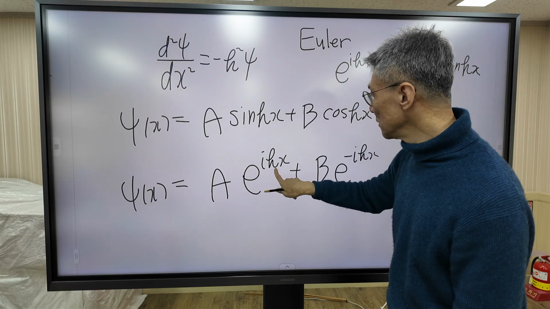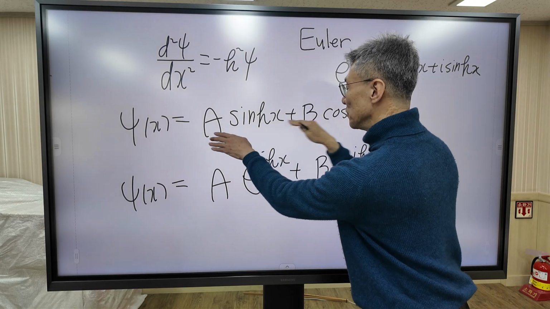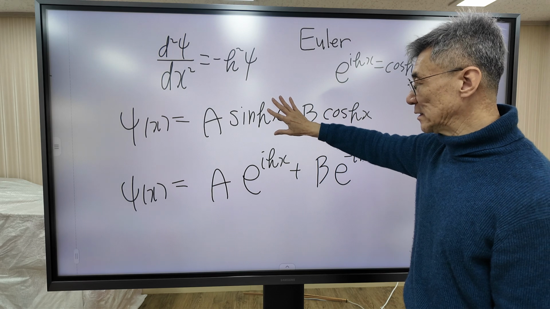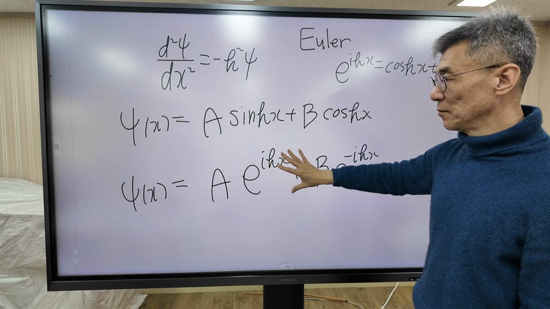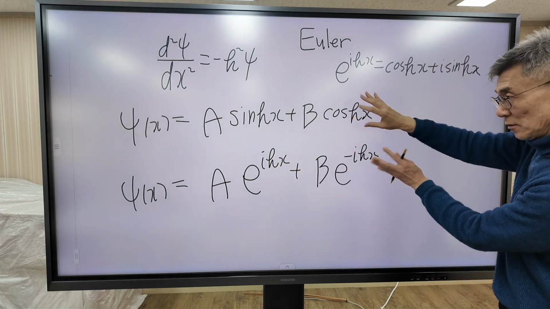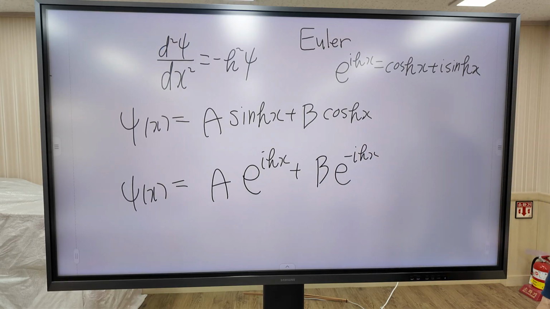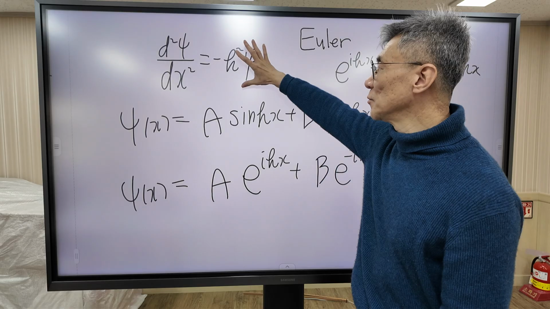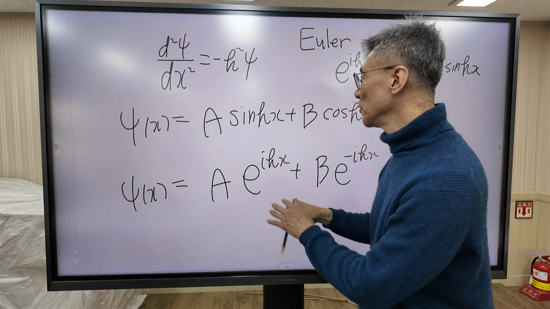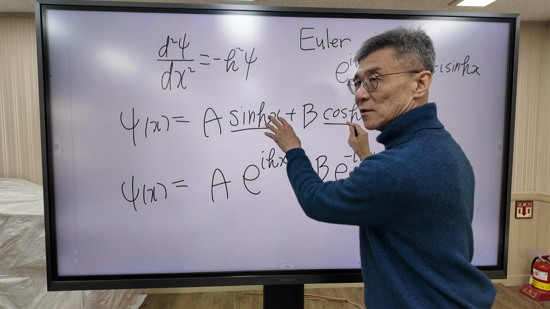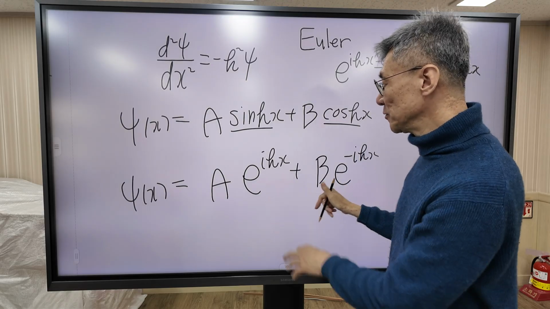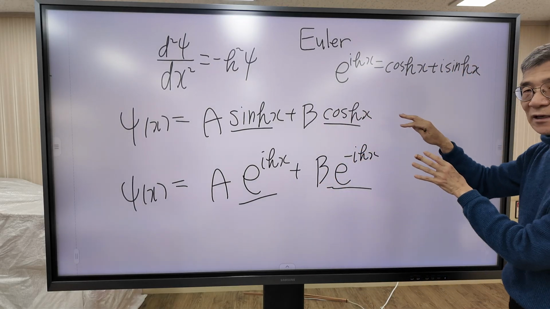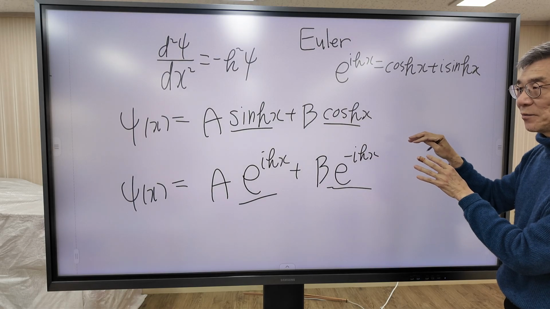So this function can be expressed as a linear combination of this one. So this equation is equivalent to this equation mathematically. So all of them are solutions. But to represent the solution of this differential equation, we are going to use real valued functions. But in this case, they used complex valued functions. But the two formulas are exactly equivalent from a mathematical perspective.